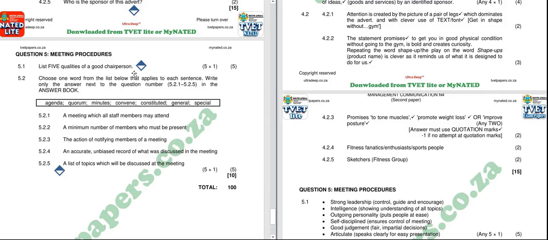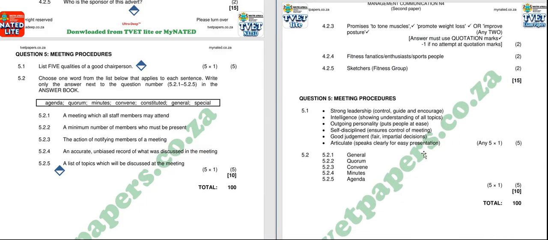List 5 qualities of a good chairperson, and we see that in response to that, qualities are strong leadership, intelligence, outgoing personality, self-discipline, good judgment, articulate. Then 5.2.1, you have to choose one word from the list below that applies to each sentence. The first sentence is a meeting which all staff members may attend.